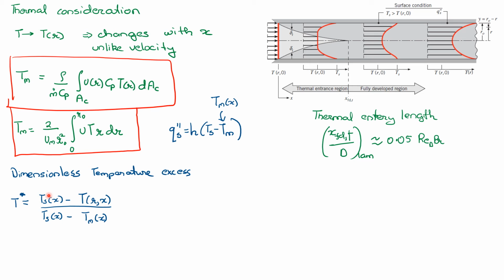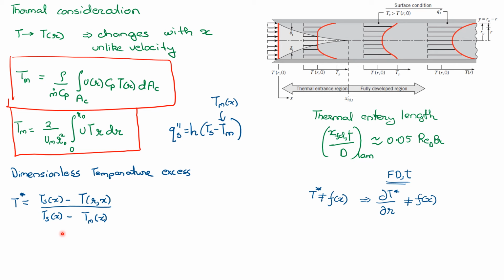This is similar to what we've seen before, and I'll say that my T star is Ts, that's the surface temperature at that location x, minus the temperature of the fluid, divided by the temperature at the surface minus the mean temperature of the fluid. Okay, so this definition of T star is different from the excess temperature definition that we had for the fins. So do not confuse that definition with this definition.